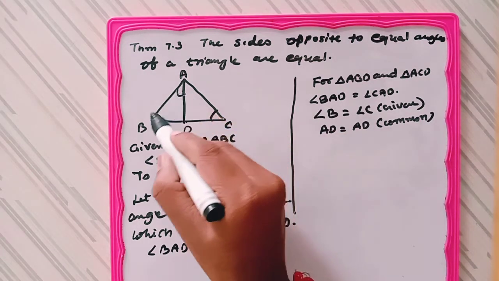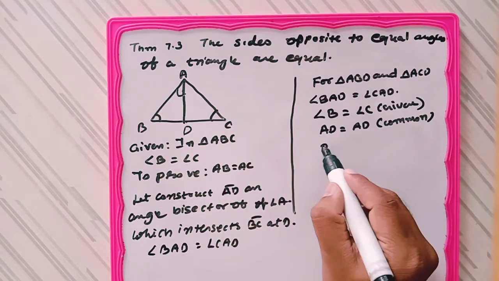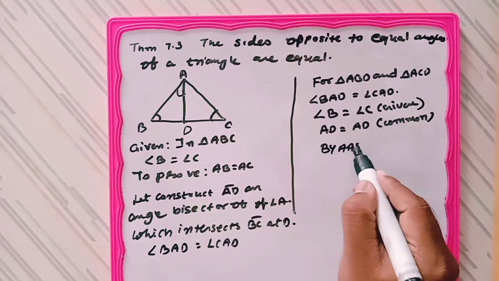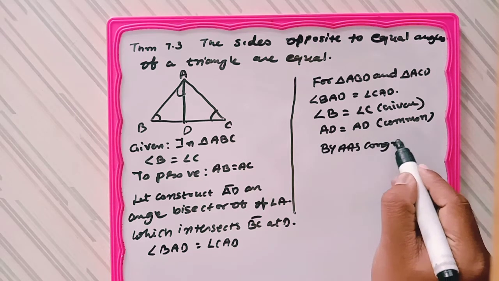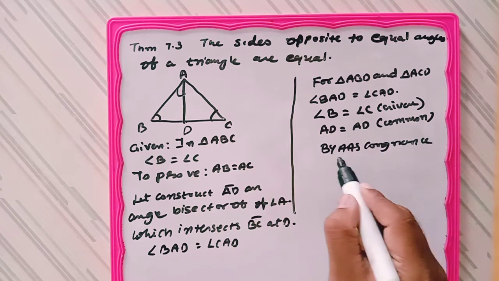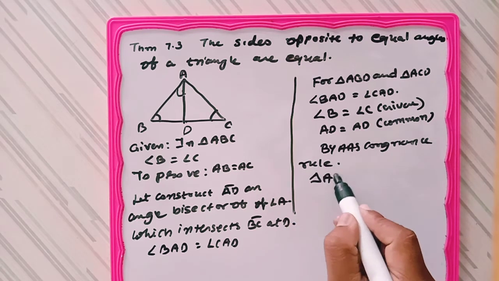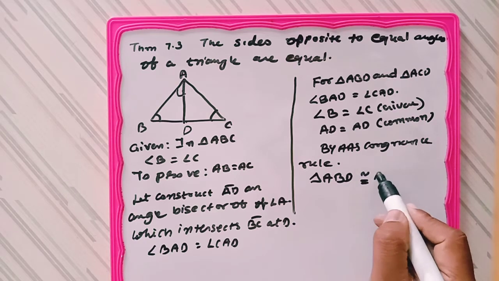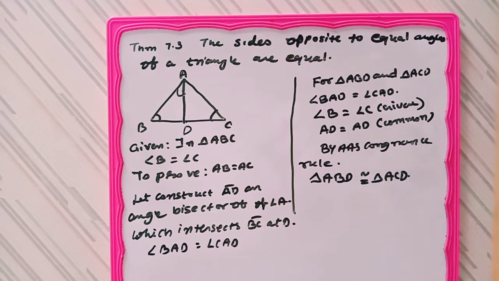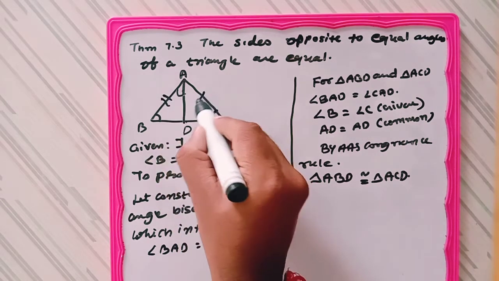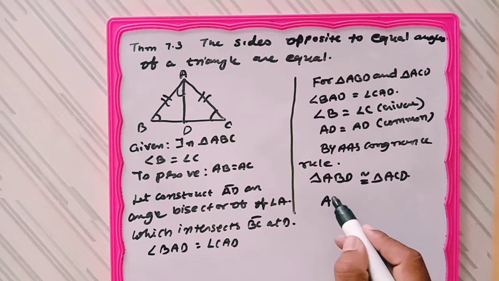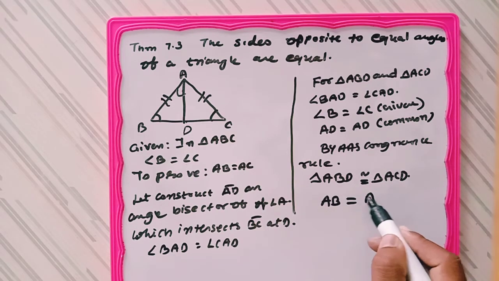So here by the angle angle side, AAS congruence rule, we have triangle ABD congruent with triangle ACD. As ABD is congruent to ACD, its corresponding sides AB and AC are equal, and so we say that AB equals AC.